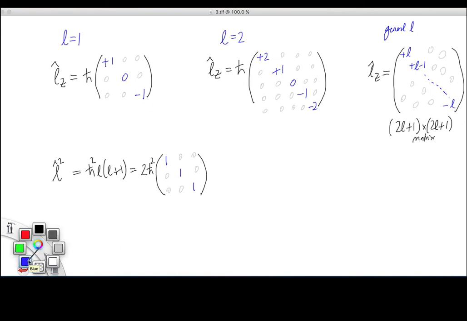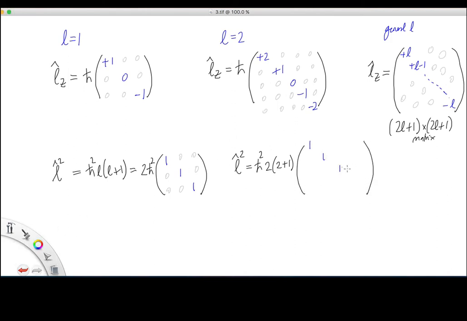And similarly for L is 2. This time 5 states, this time with the eigenvalue h bar squared 2, 2 plus 1, so 3, and then a 5 by 5 matrix with 5 equal elements, this time along the diagonal, and 0 everywhere else.